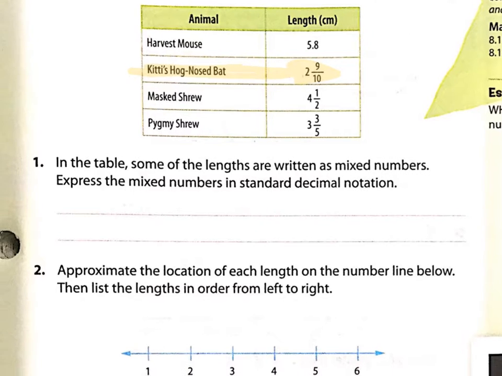And it says, in the table, some lengths are written as mixed numbers. Express the mixed numbers as decimals or standard decimal notation. So basically just convert it to decimal, right? So there's 3 written as mixed numbers.